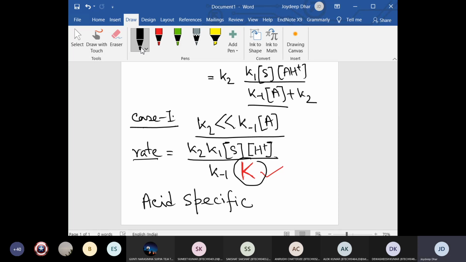In the previous case that was not the case. So this is case 2. In case 1 you can see there was no involvement of any particular acid, but in this case you can see the specific constant of that acid is involved.